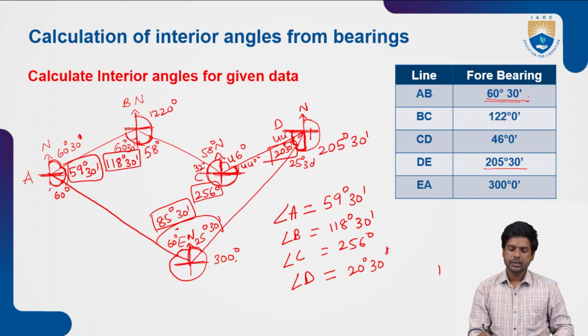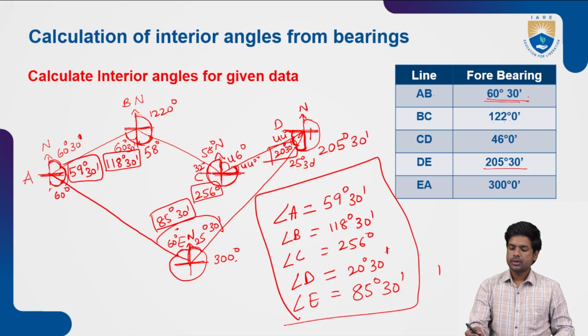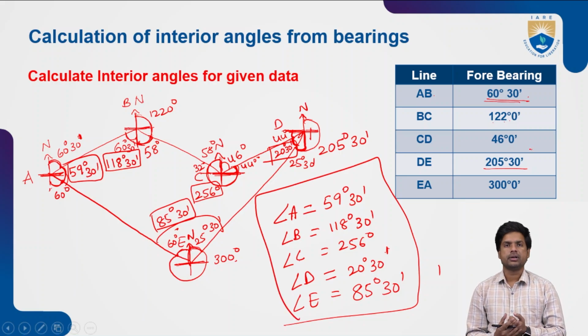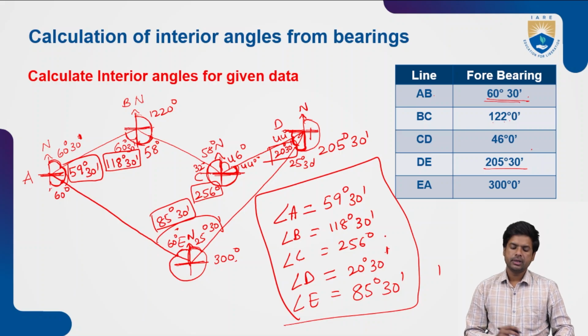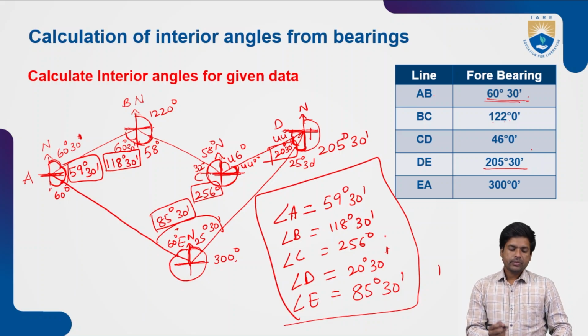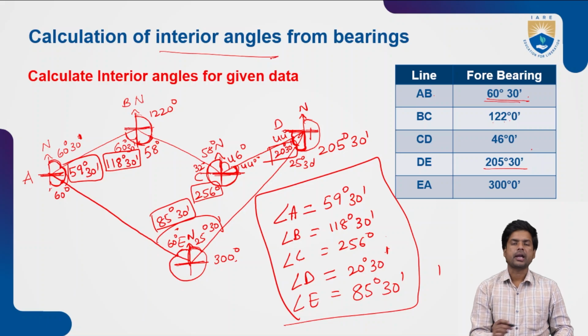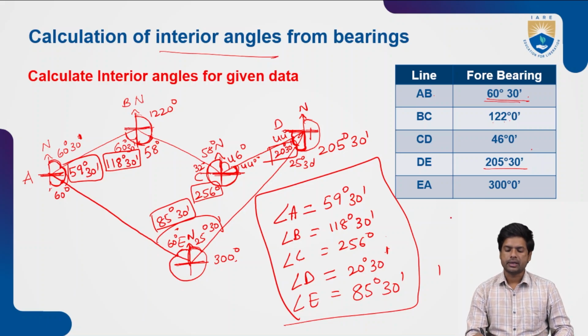At station E, the included angle is 85 degrees 30 minutes. So these are the included angles based upon the given data. When the fore bearing of the traverse is given, then we can calculate the included interior angles. This is the procedure for finding the included angles.